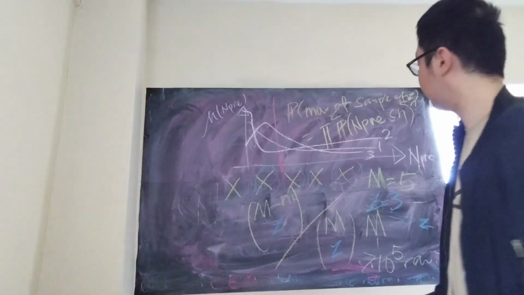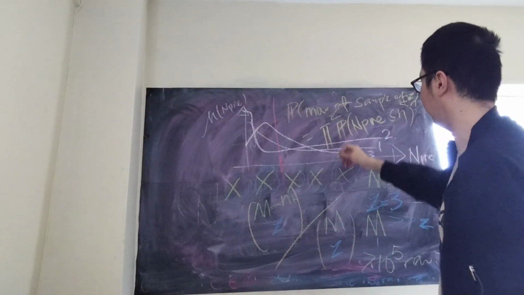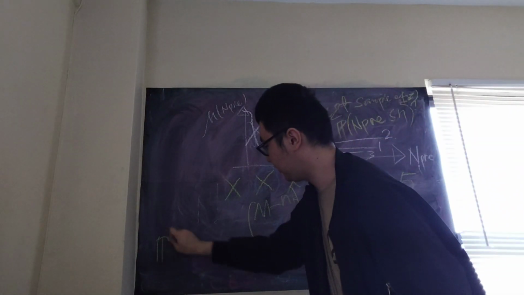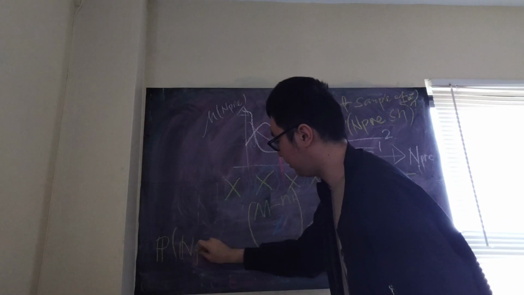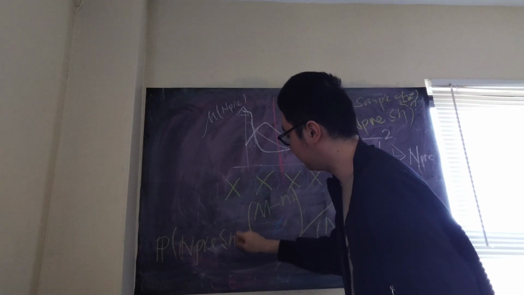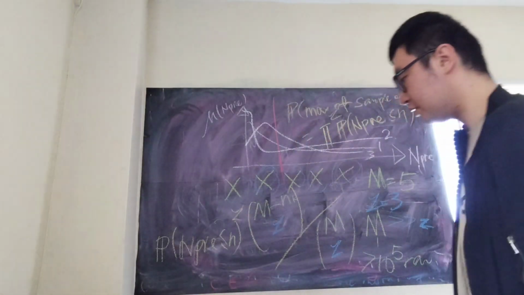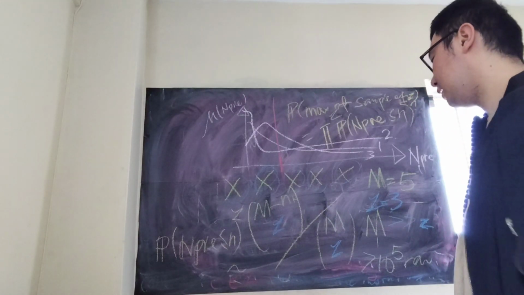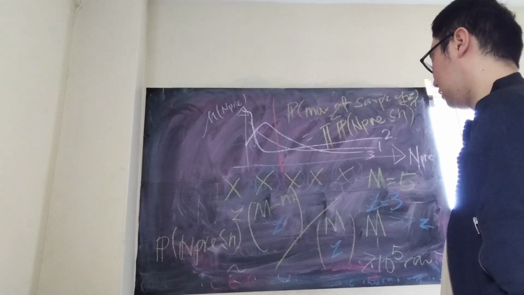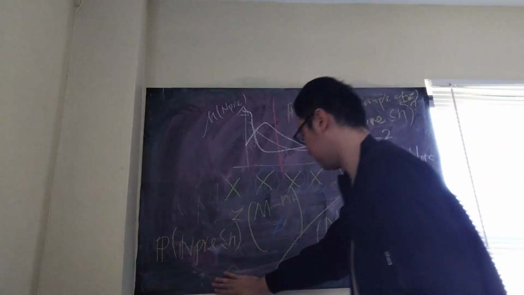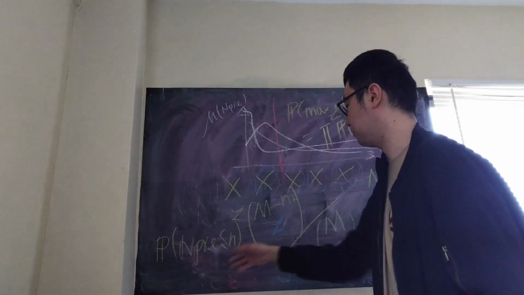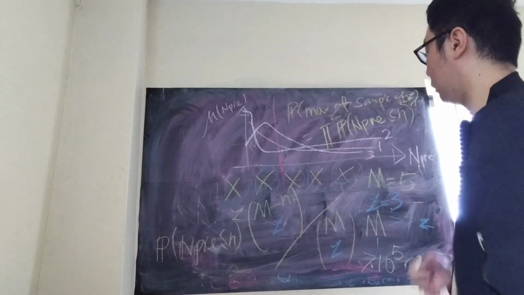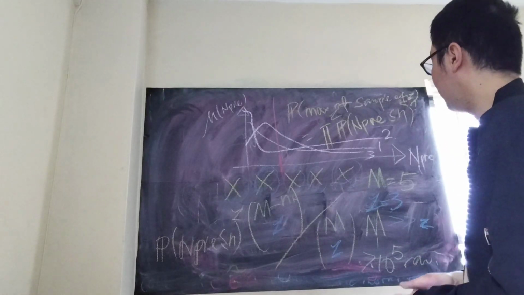You have something like this form, and since it's a product, you can write it as P of n to the power of Z. This is close to the probability of the maximum of a sample without replacement.